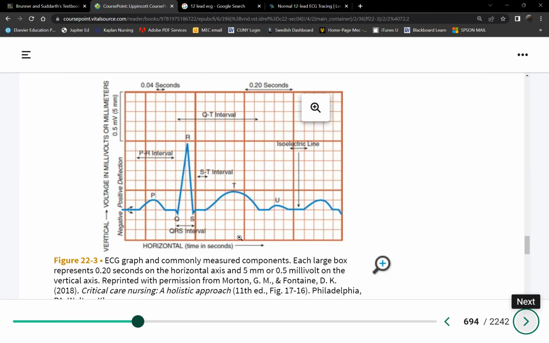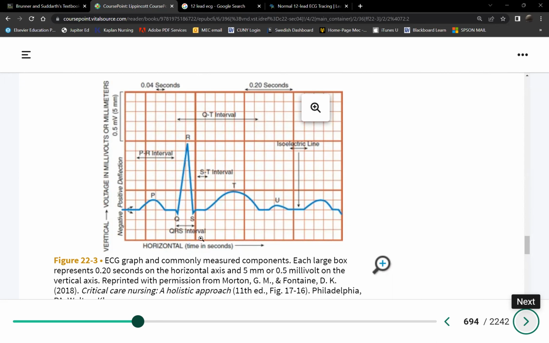Beats per what? Beats per minute. So therefore, how many small boxes are there in 60 seconds? If one small box is 0.04 seconds, how many small boxes are there in 60 seconds? Repeat the question again. Okay.